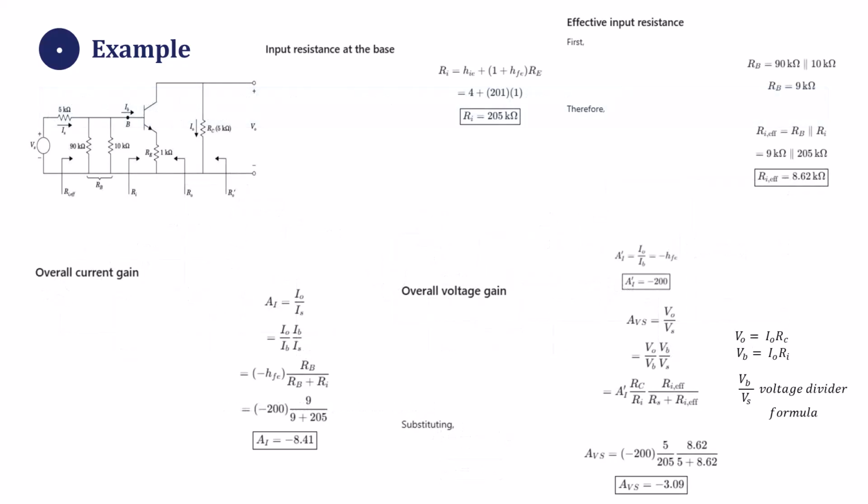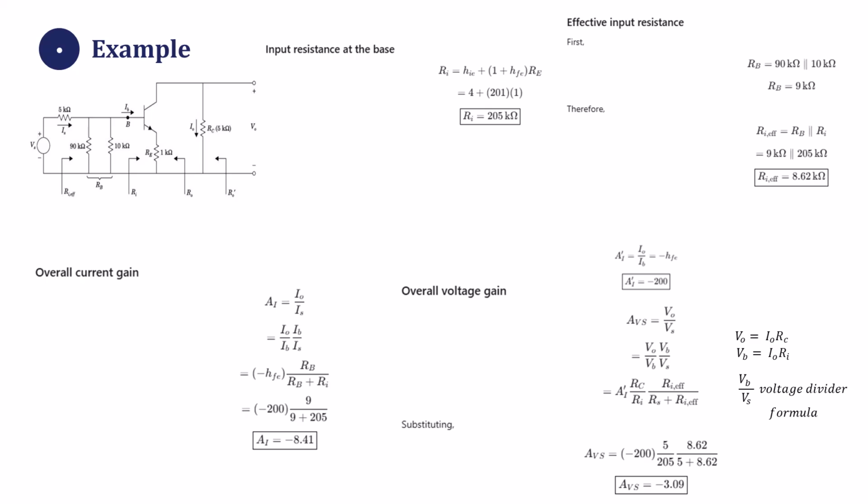Now let's work through the full solution. First, the input resistance at the base Ri equals HIE plus the quantity 1 plus HFE times RE. Substituting our values, 4 kilo ohms plus 201 times 1 kilo ohm gives us Ri equals 205 kilo ohms.